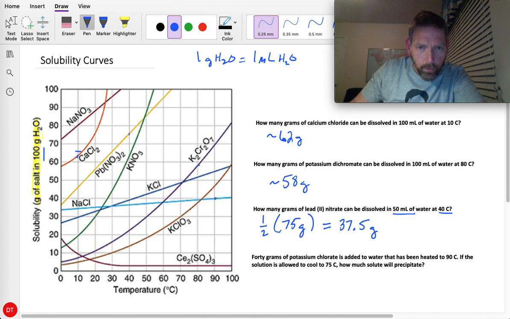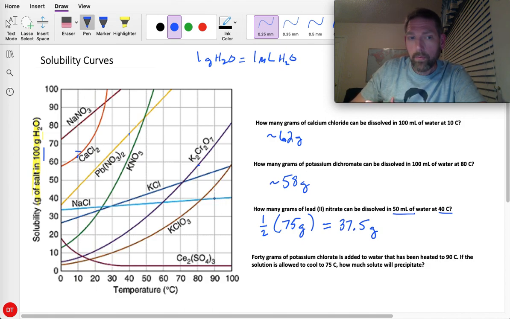At 90 degrees, 40 grams has been added in. Well, you notice 40 grams right here. At 90 degrees, we actually could have added up to about 46, 47.